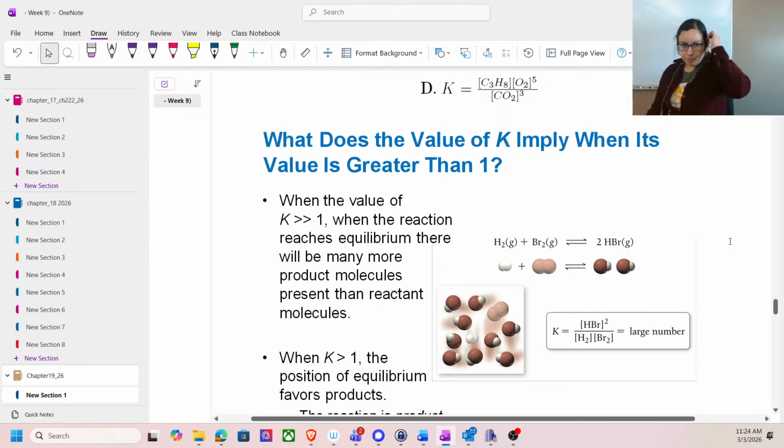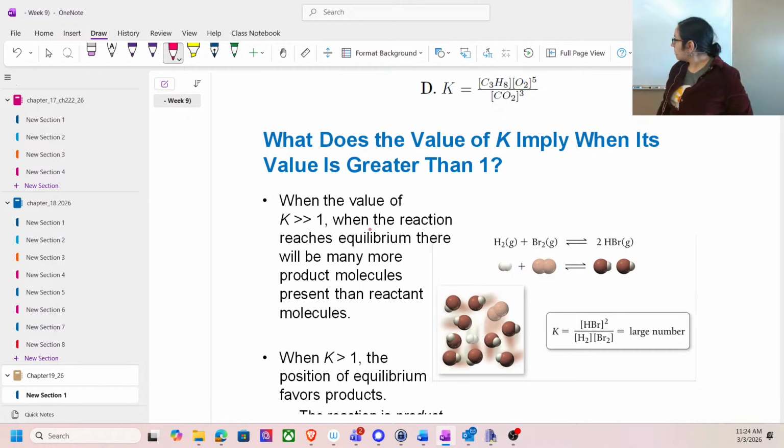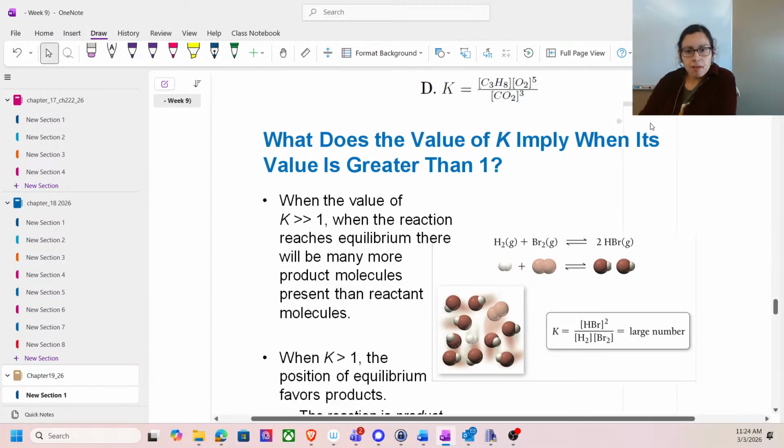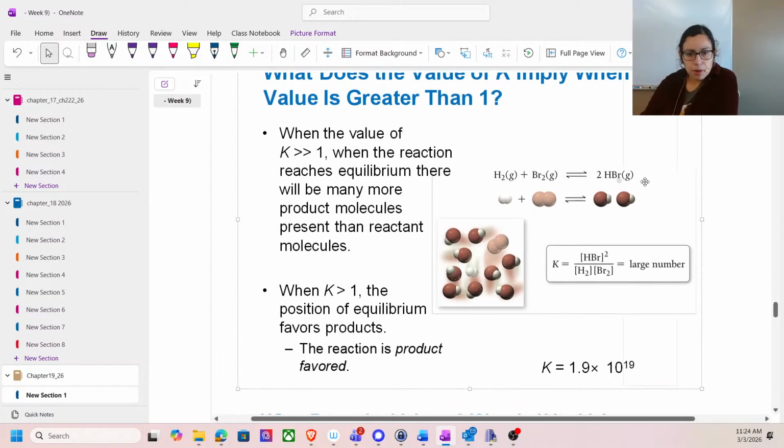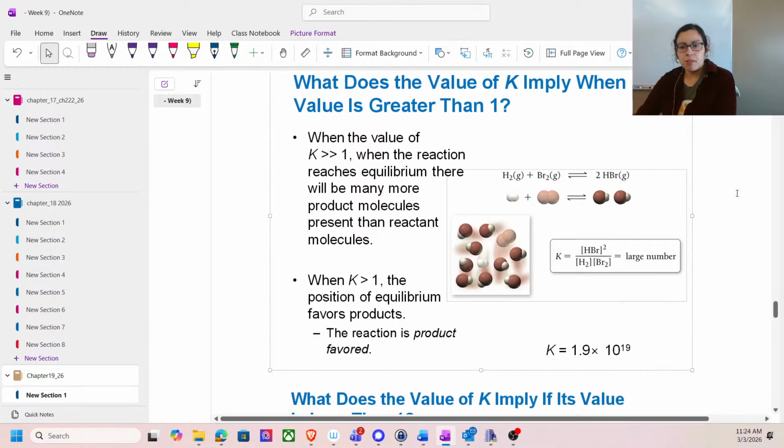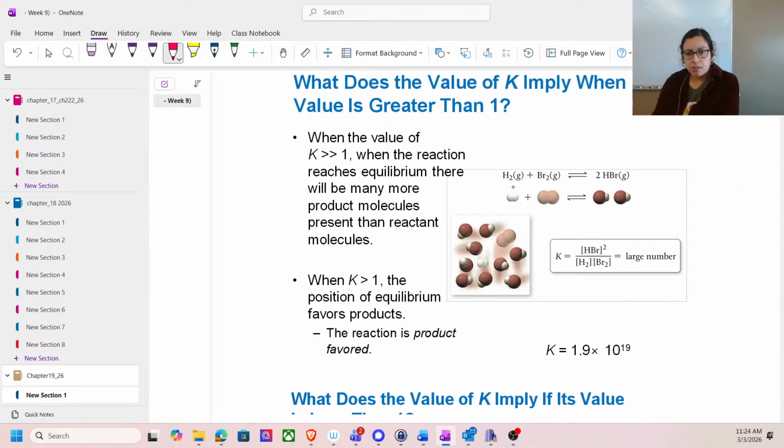And so then this can start to imply some values. Again, we'll see this again and again when it comes to solubility. So we'll see, right, the value of K and how it makes it more soluble, less soluble. In this expression, kind of what it's saying, right? So looking at this reaction, we have H2 plus bromine gives us hydrobromic acid. And then they've rewritten our K, right?